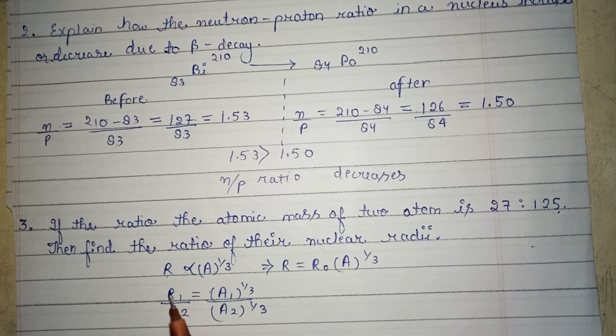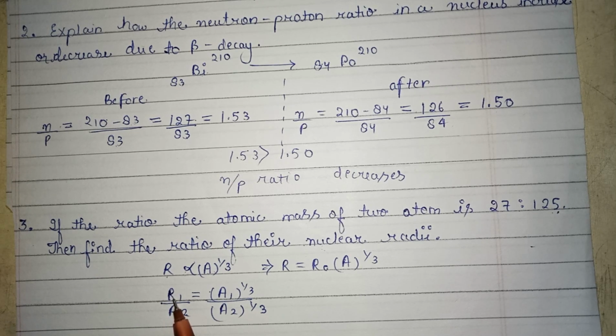So we can find the ratio of the first atom's radius to the second atom's radius. This is the radius of the first nucleus and this is the radius of the second nucleus. On dividing them, we can write this as equal to A1 upon A2 raised to the power 1 by 3, where A1 is the mass of the first atom and A2 is the mass of the second atom.